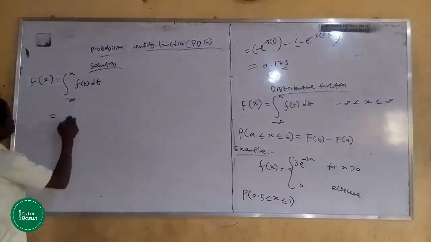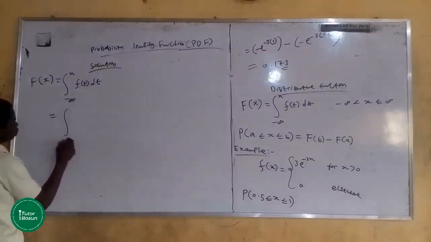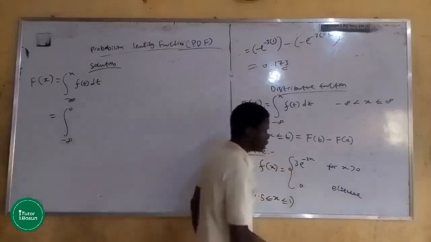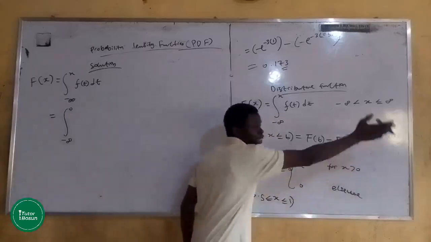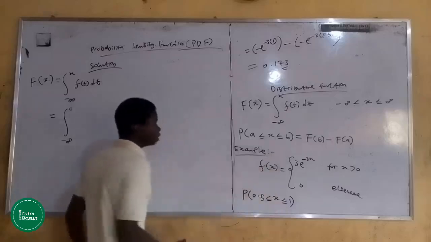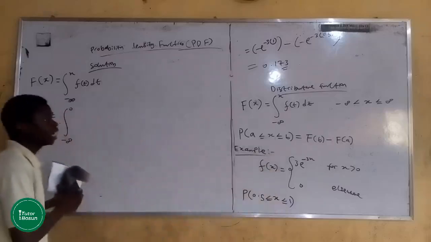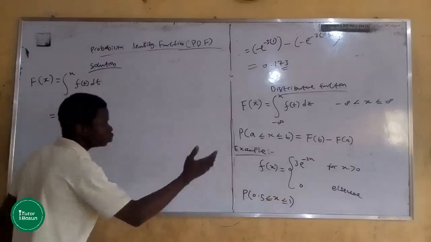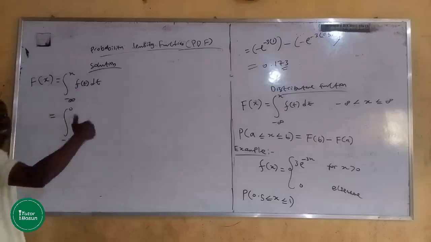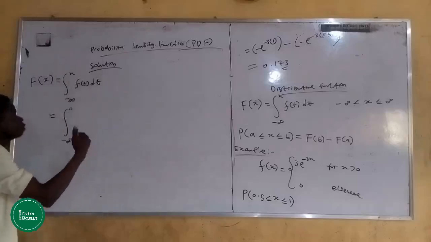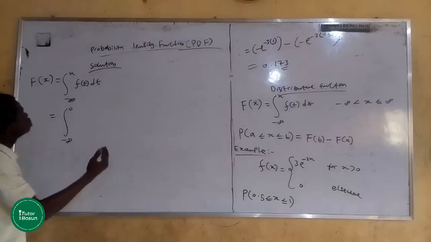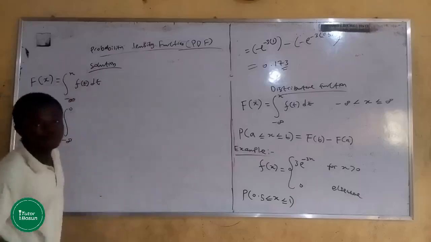So by integrating, we have from minus infinity to 0, 0 elsewhere. Then for x greater than 0, it will be 0 to x. In this situation, it won't be 0 to infinity, unlike the first case, because our formula is from minus infinity to x, and here x serves as the maximum value.